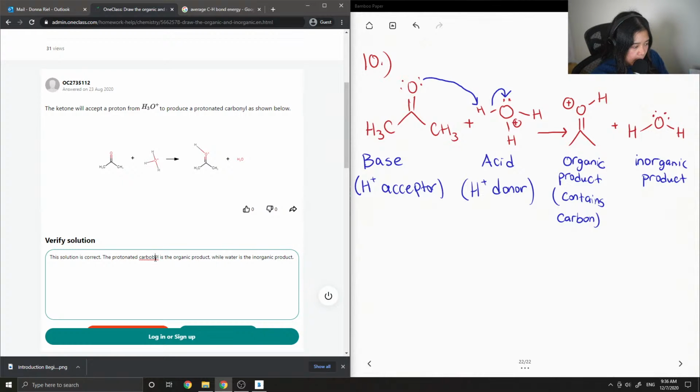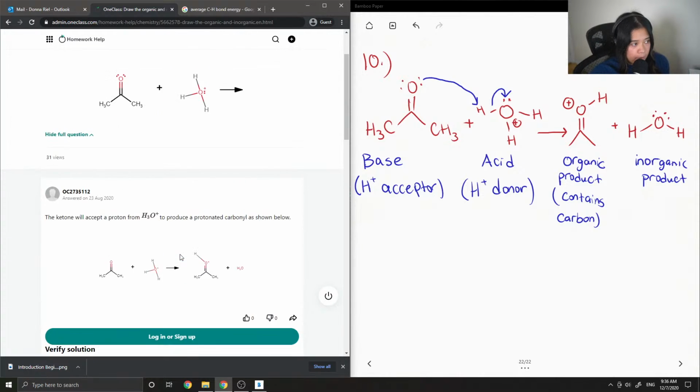And then I just added which one is organic and which one is the inorganic.